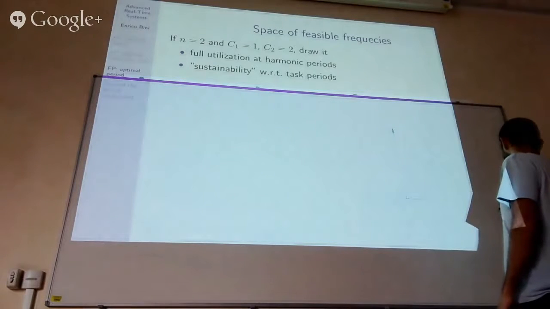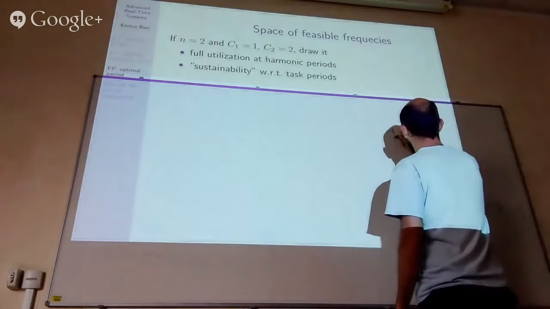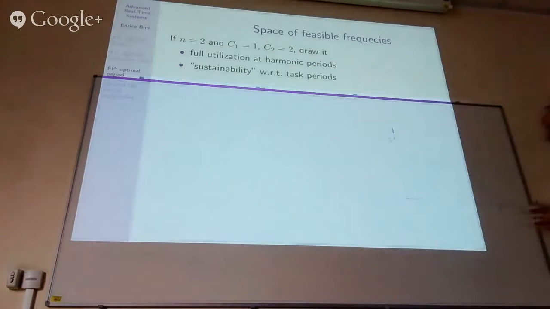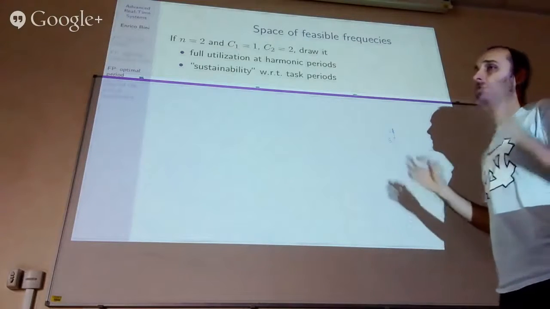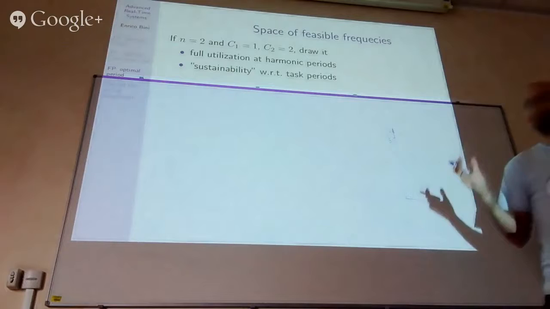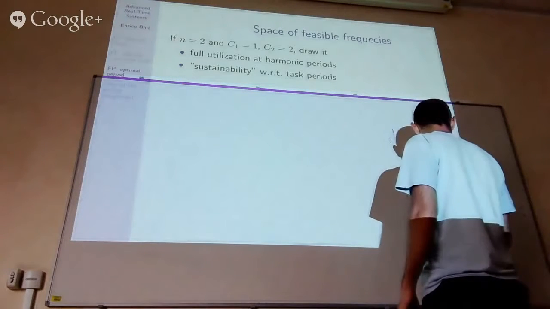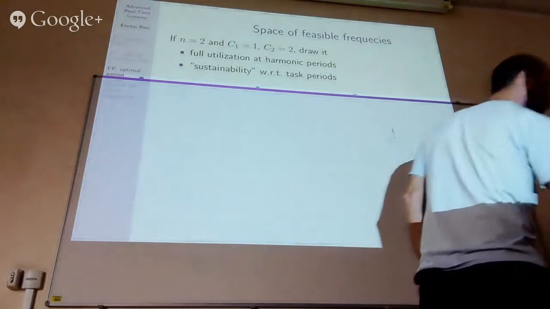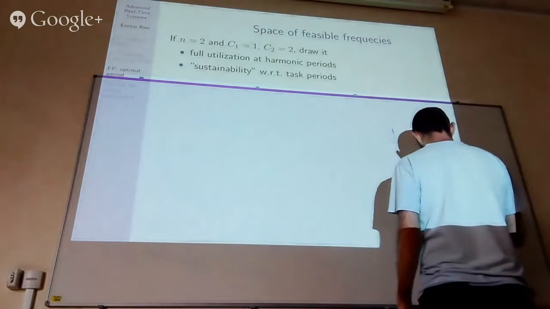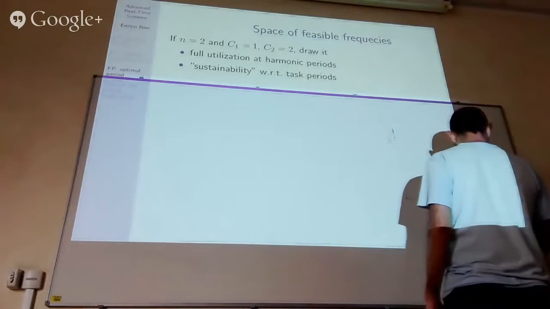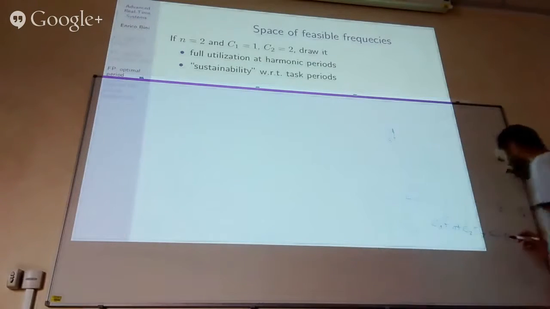So what I know for sure, let's first make some clear statements. First of all, it has to be contained in the EDF schedulability condition. The EDF schedulability condition is this one, but we have two variables, so I can avoid the summation: C1 F1 plus C2 F2 less or equal to 1.